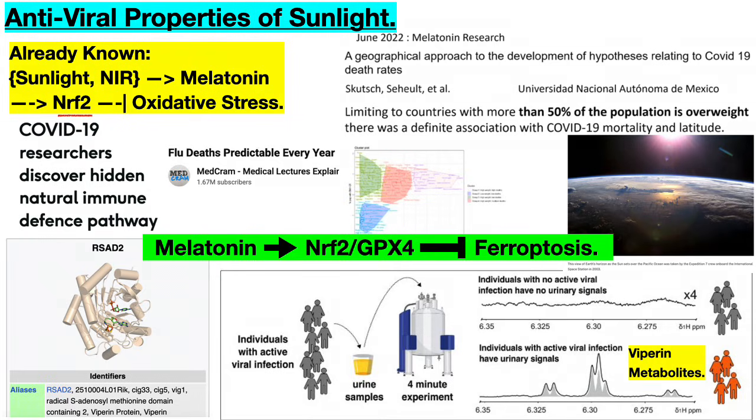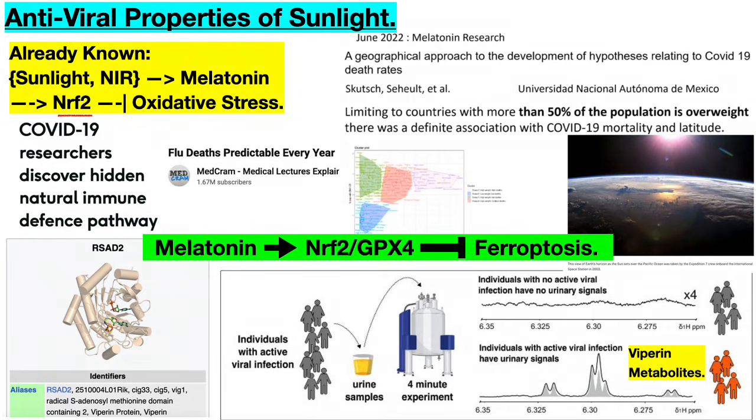Melatonin stimulates the upregulation of NRF2, which in turn upregulates GPX4, glutathione peroxidase 4, a key enzyme in reducing reactive oxygen species. GPX4 utilizes glutathione, by utilizing glutathione to reduce reactive oxygen species as well as peroxidated lipids.